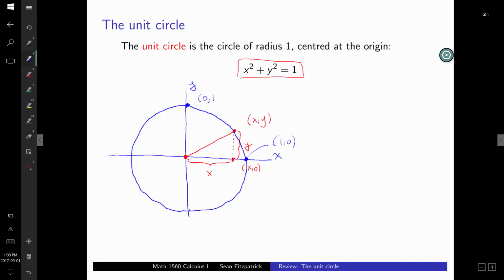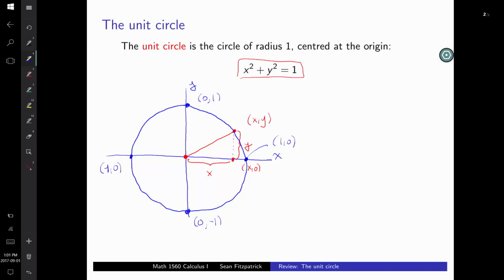Okay, so a few points of interest on the circle. When x is equal to 1, 1 squared is already 1, so y must be 0. The point 0, 1 up at the top is also on there. We've got the point minus 1, 0 over here, and down at the bottom we've got the point 0, minus 1.